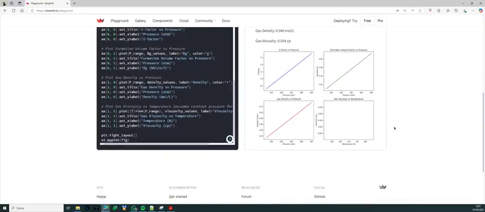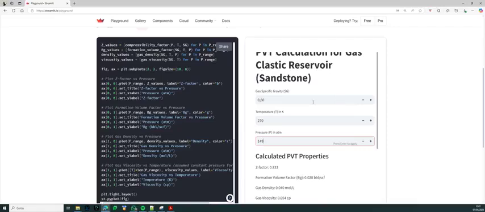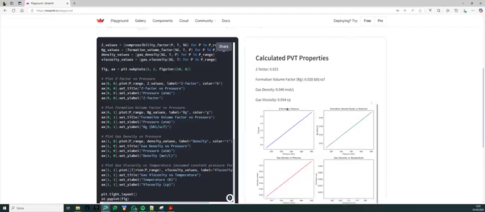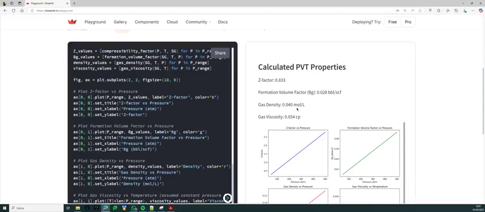Using these input parameters, gas specific gravity, temperature and pressure of the reservoir, which are the physical parameters of the reservoir, we get the zeta factor, the formation volume factor and the gas density, expressed in moles per liter. That means in this case for 0.4 mole of gas we have 1 liter.